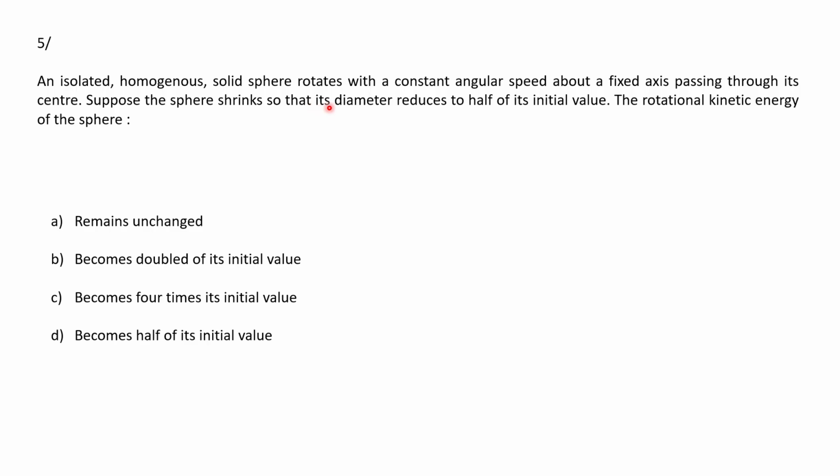Suppose the sphere shrinks so that its diameter reduces to half of its initial value. The rotational kinetic energy of the sphere is. If you take it as constant angular speed, then this becomes 1/4 times the initial value. But if we consider it as conserved angular momentum, then what will be the answer?